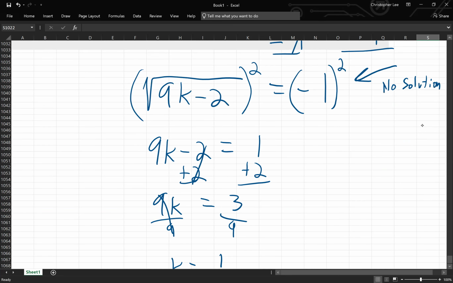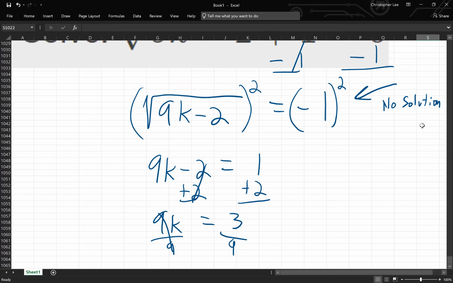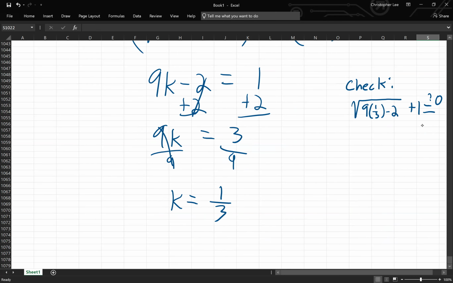But now let's test it out. Let's see if when we plug this in, we get that same answer out. So I'm going to check it right here. Allegedly, if I have the square root of 9 times 1 over 3 minus 2, plus 1, that might equal 0. Let's see. 9 divided by 3 is just 3.